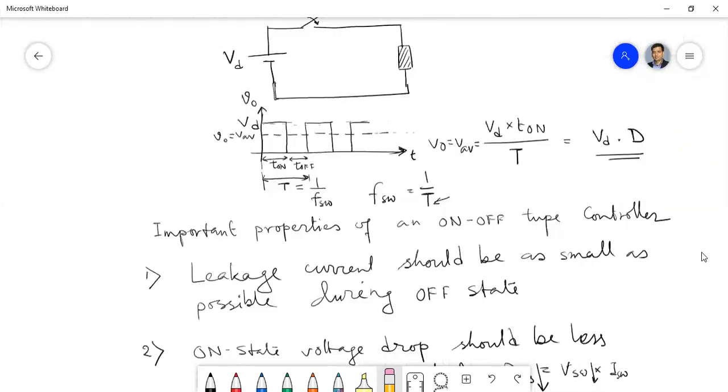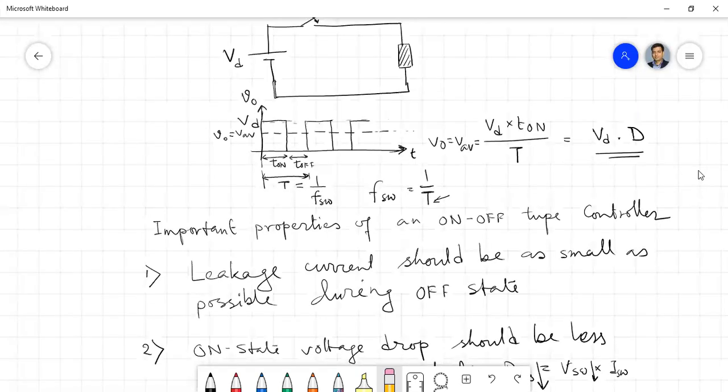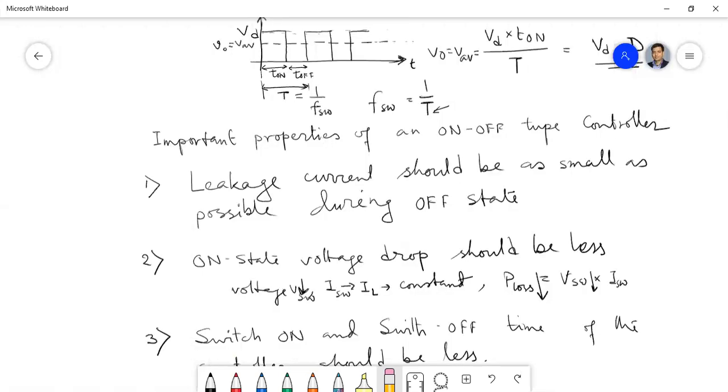Okay, so then we discussed a few properties and characteristics of a power electronic controller, like leakage current should be small, and on-state voltage drop should be less.